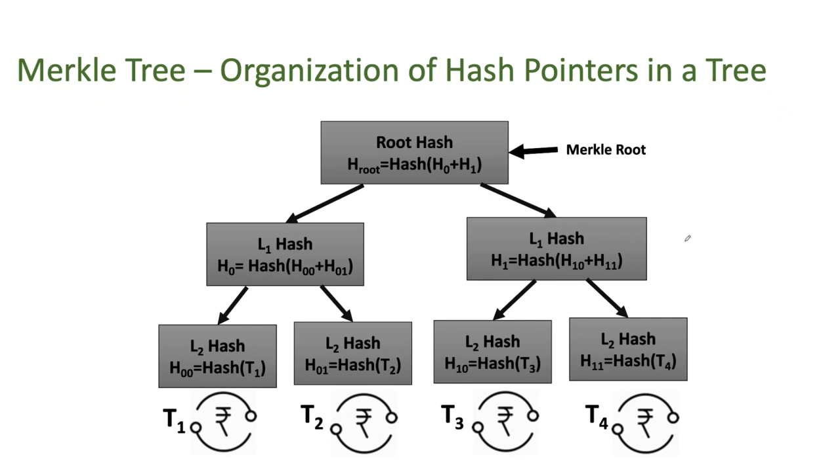In a Merkle tree, it is a binary tree. In this binary tree, what happens? Suppose I have a message with capital A, capital B, capital C, capital D, and this message is individually hashed. Capital A will be hashed.